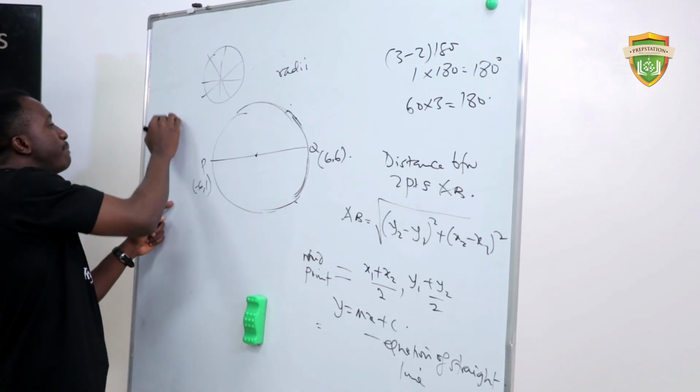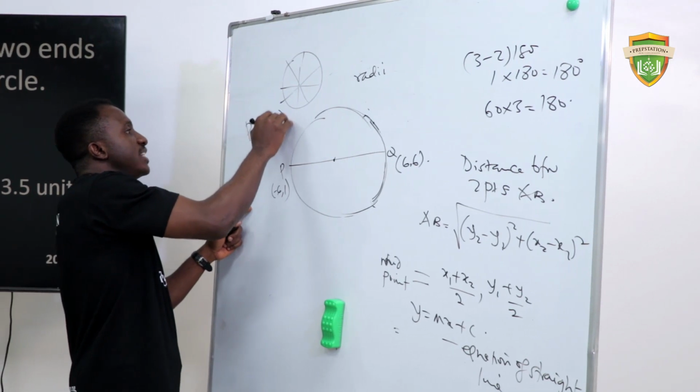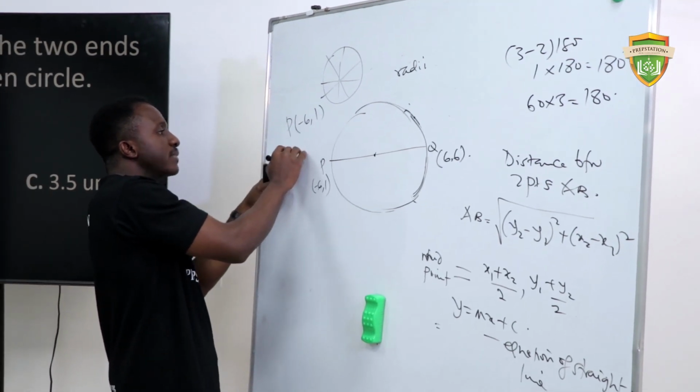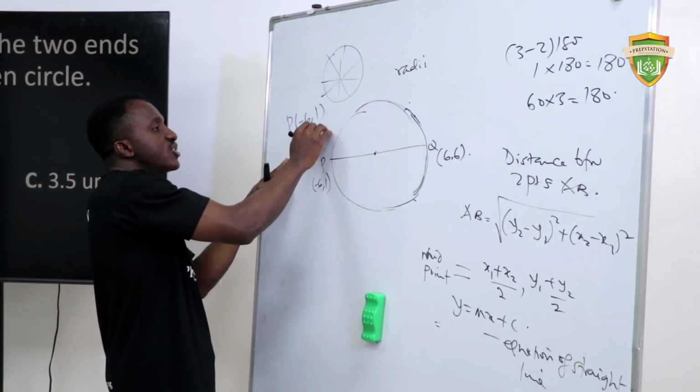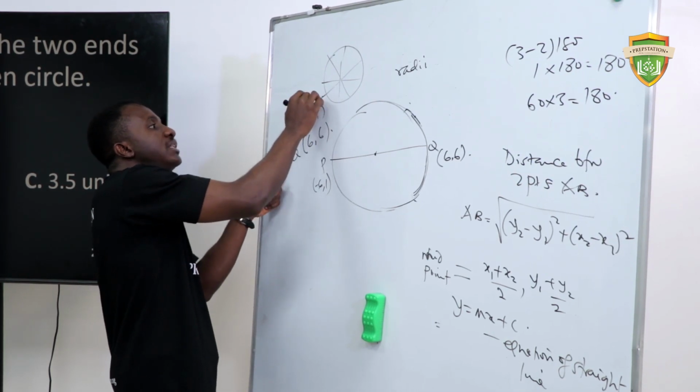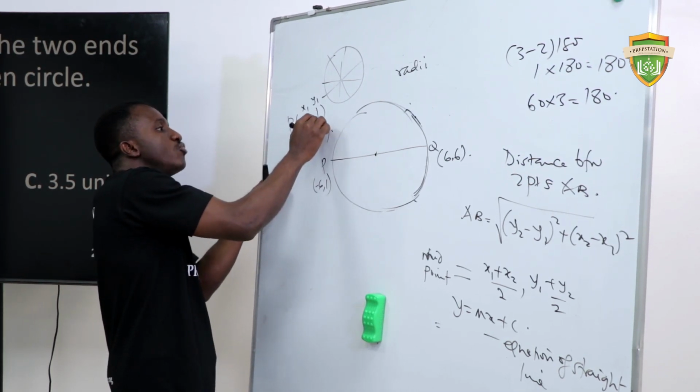Let's quickly do this. Now what do we have? P has coordinates minus 6 and 1, and Q has coordinates 6, 6. I'm going to use these as x1, y1, x2, y2.